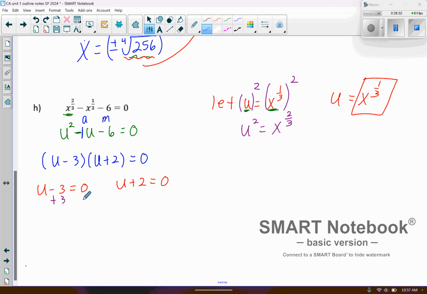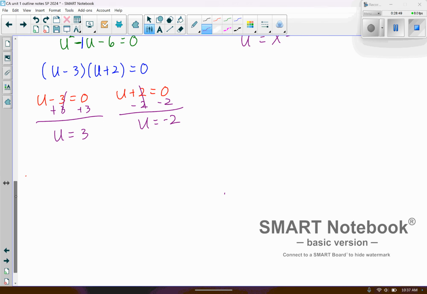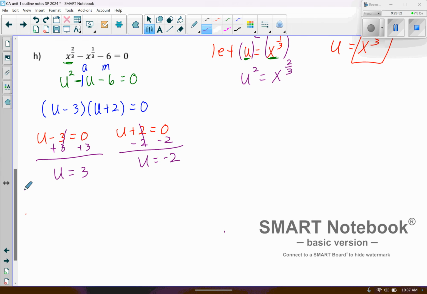So let's see, I'll add 3 to both sides. So u equals 3. And then over here, I have u equals -2. Now, this is where you have to be careful because a lot of times students will just stop at this point, but we're not done yet because those are not my answers, because that's not what was originally there.